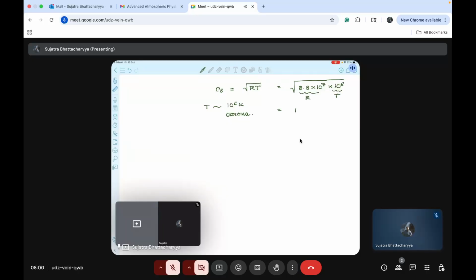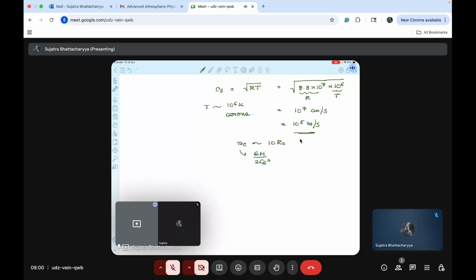This comes out to be about 10 to the power 7 centimeter per second, which is 10 to the power 5 meter per second. So RC roughly comes out to be 10 R naught, because RC is GM by 2 Cs square, with M being 3 into 10 to the power 26.